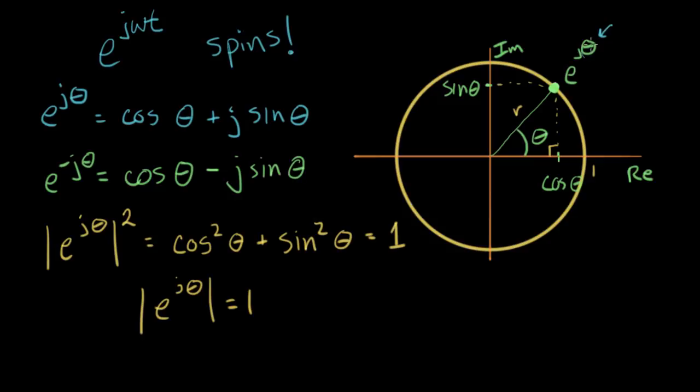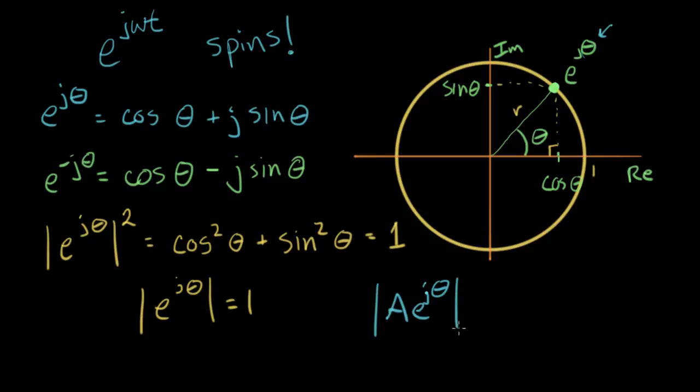So what if I wanted something that was not on the unit circle? What if I wanted something that was farther away from the origin than that? Well, what I would do is I would take A, some amplitude, times e to the j theta, and this amplitude would expand the length of that vector.